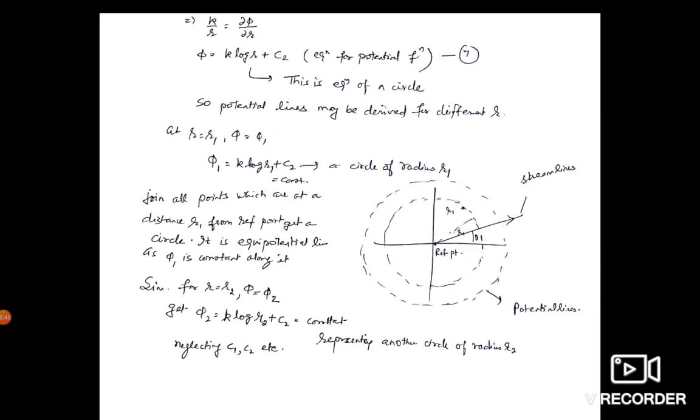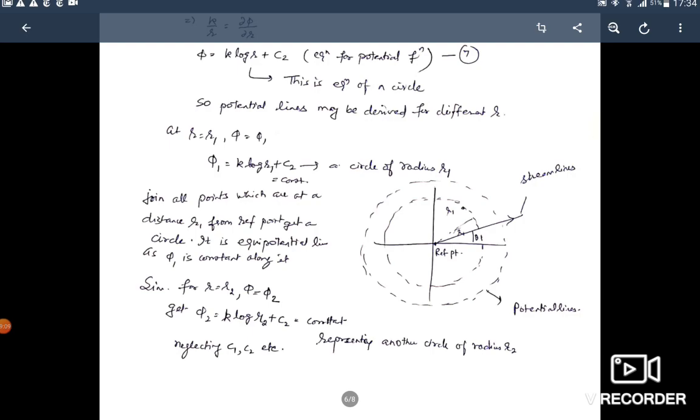So in this way, we got our psi, we got our phi, and so we can say that for different values of R, we get different phi. For R is equal to R1, we get phi 1, for R is equal to R2, we get phi 2, and so on. Practically it has been seen that there is no effect of these constants C1, C2 and all that, so we can assume these to be 0.